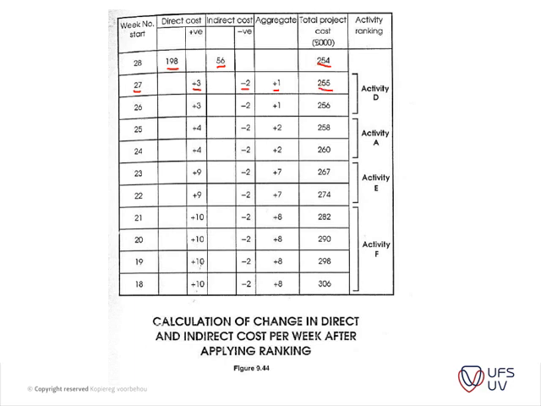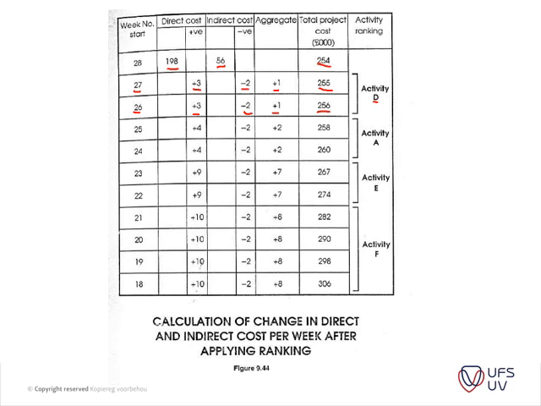Then we do the same, reducing it by 1 week, we add 3,000 and we subtract 2,000. So an aggregate of 1,000 is added, and we are at 256,000. Okay, that's for activity D.